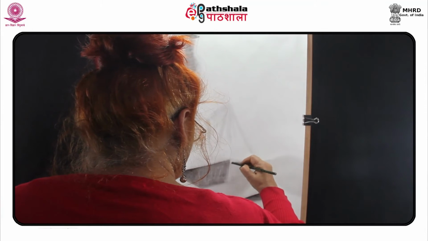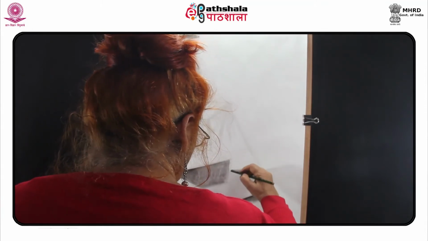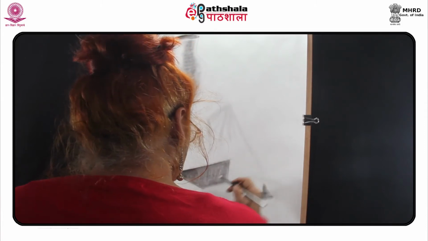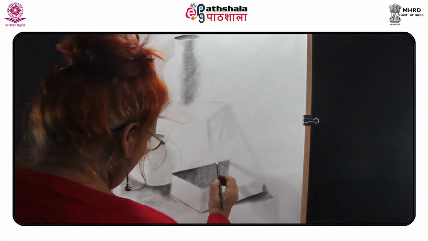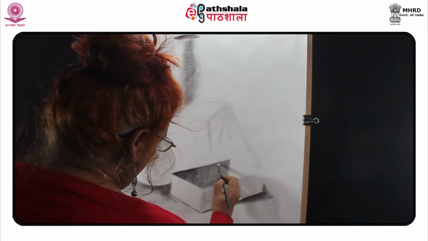Use a soft pencil like 5B or 6B or a charcoal pencil to begin darkening these places on the box and make the sharp outline.